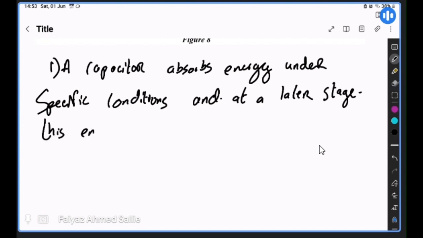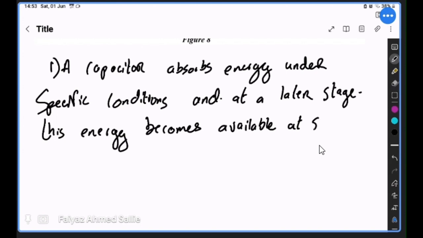This energy becomes available at short notice. So that is the definition of a capacitor.